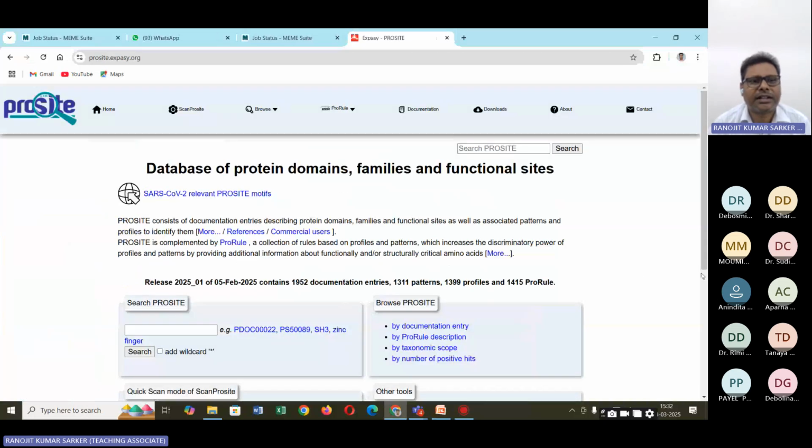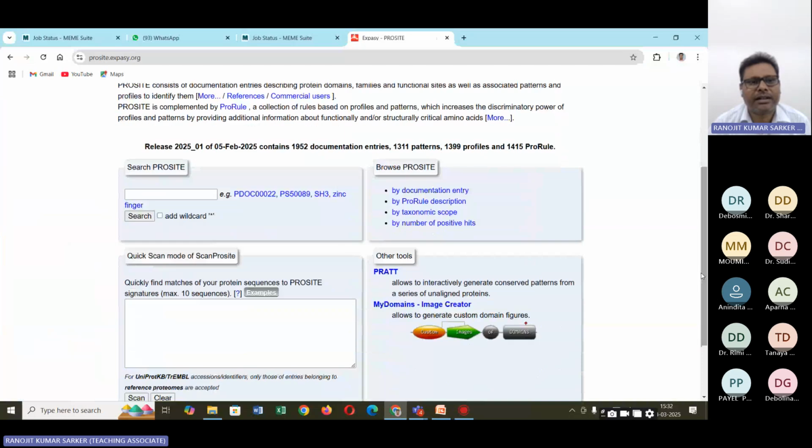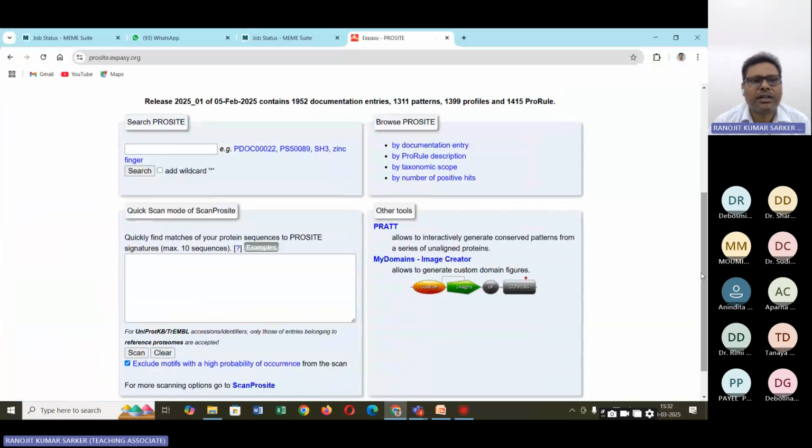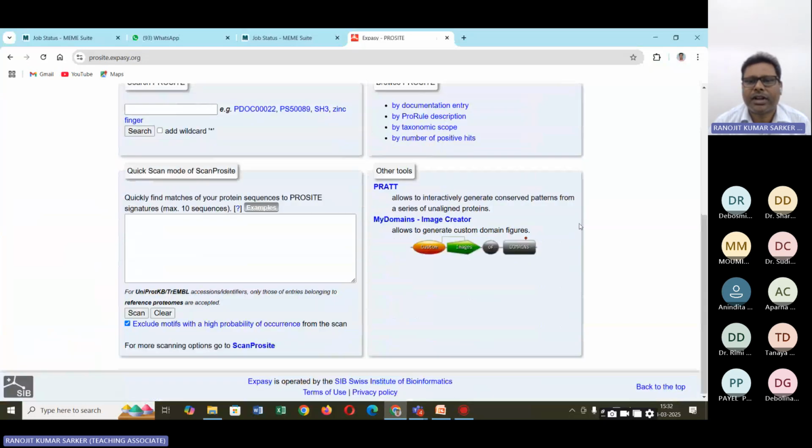This is the ProSite database, which means you can express your patterns. If you have some pattern, you can search the pattern. You can browse by documentation entry. There are so many things, such as the domains and images, and how the domains are designed.